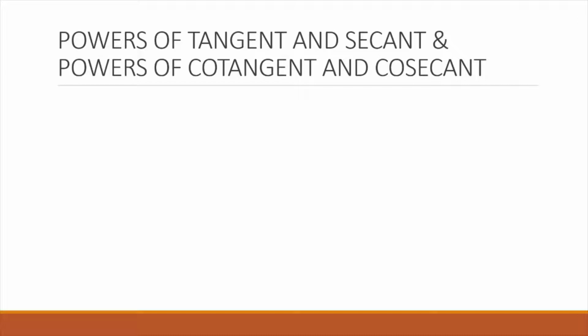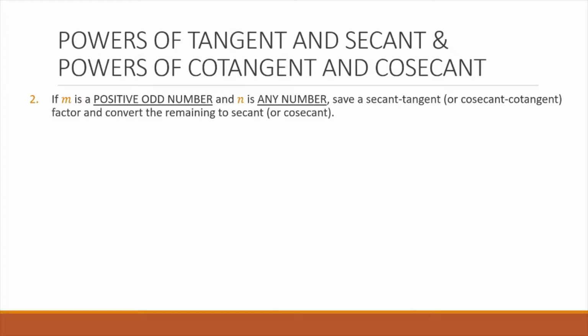So, case number 2: if m is a positive odd number. So, kanina, m is any number, tapos n is a positive even number. This time, ang m, or ang power ng tangent or power ng cotangent, is a positive odd number, and then n is any number.